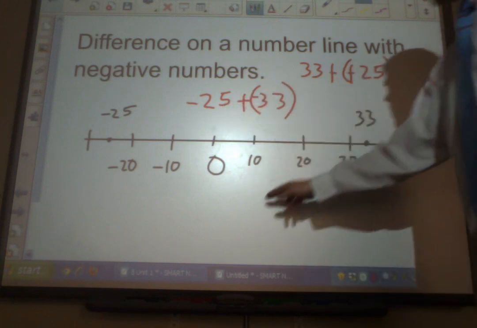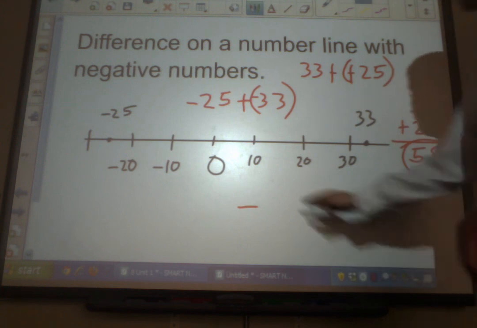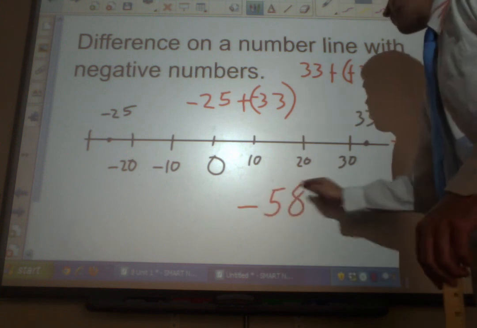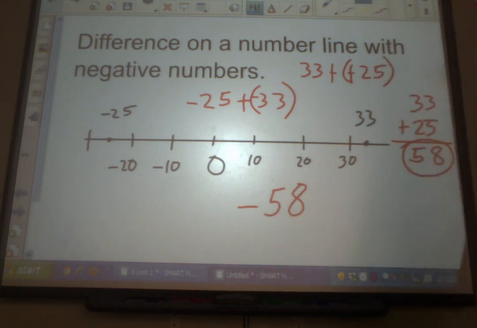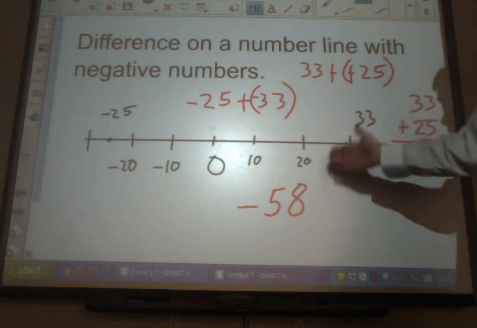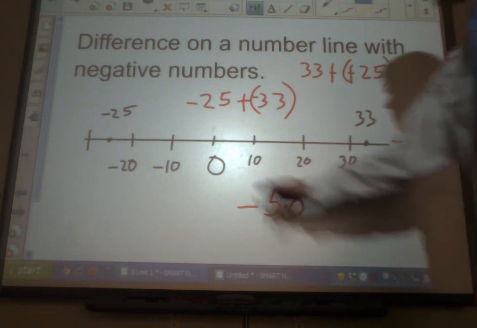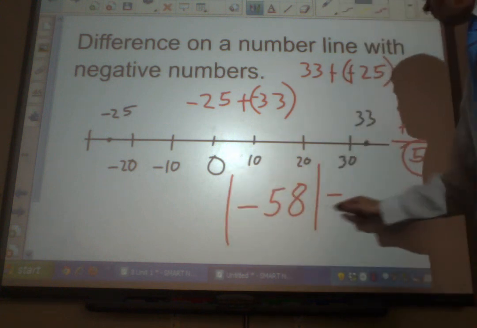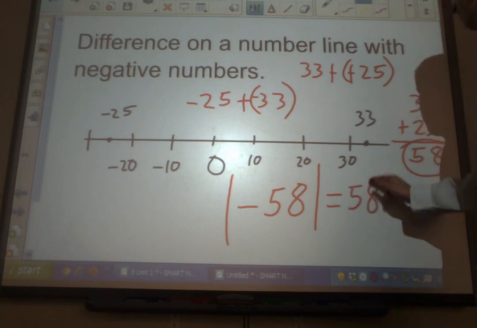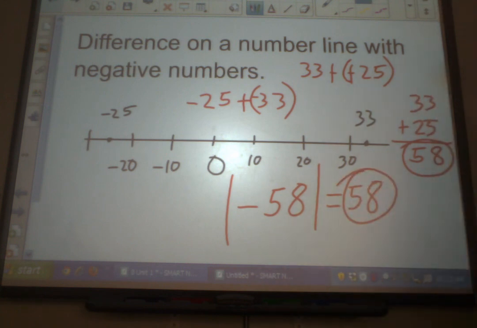We would get as our answer negative 58. But according to our rule, we know that all we have to do is take the absolute value of that, and there's our distance, once again, between those 2 points. 58. No matter which way you do it, when you take the absolute value at the end, you're going to get the right answer.